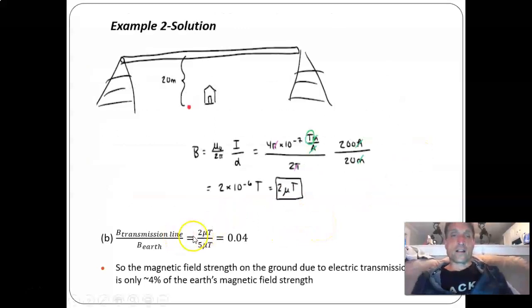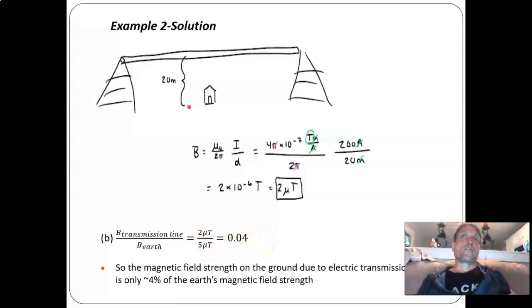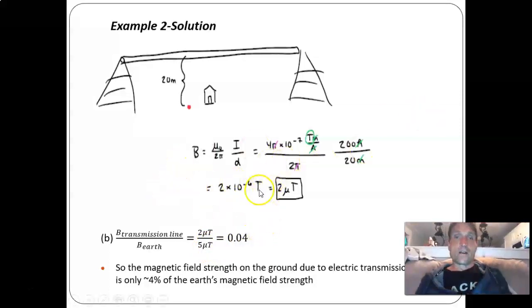So the strength due to the transmission line should be 50, that's a typo, I'll fix that, it's only 2 microtesla. Divided by 50 microteslas is 0.04, or in other words, the field strength due to the transmission lines at the ground is only about 4% of the Earth's magnetic field, okay?